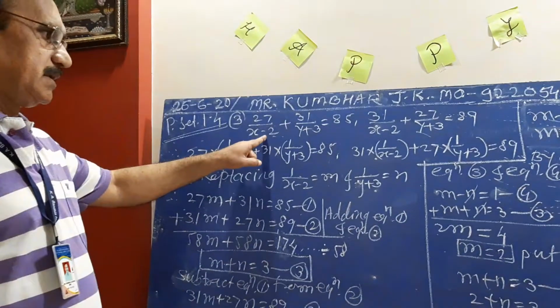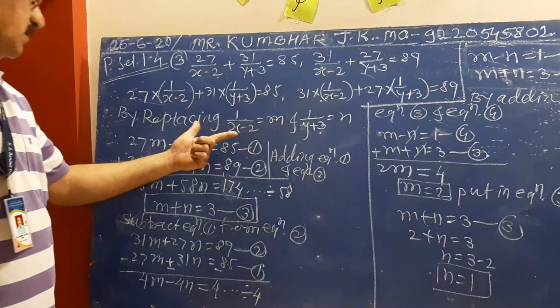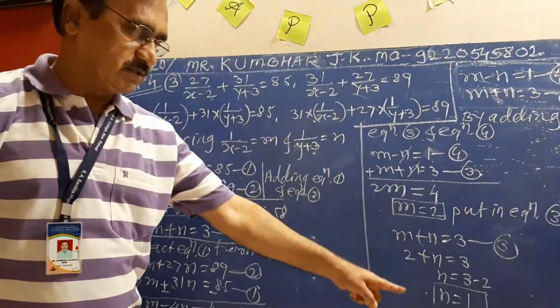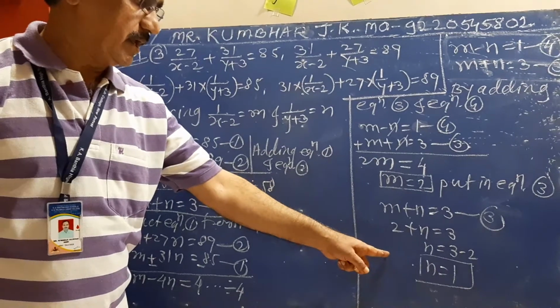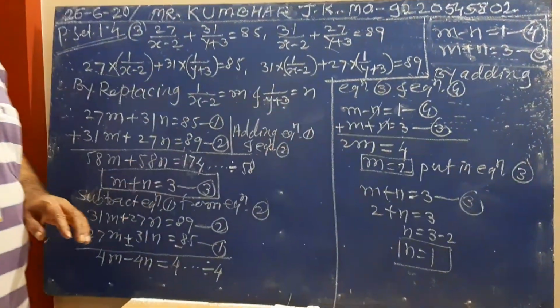Our example is in terms of x and y, and your answer is in terms of m and n. Here is substitution: we have to find our answer in terms of x and y from m is equal to 2 and n is equal to 1.